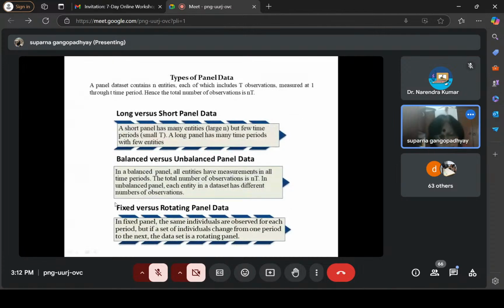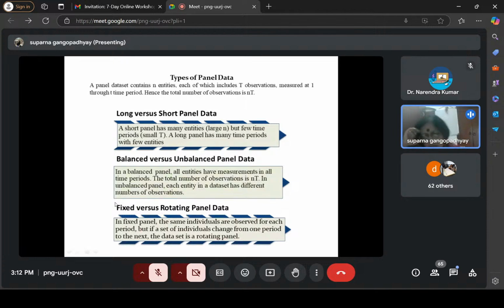Now, before I switch to my board, there are many types of panel data: long versus short panel data, balanced versus unbalanced panel data, and fixed versus rotating panel data. What is long panel data and what is short panel data?